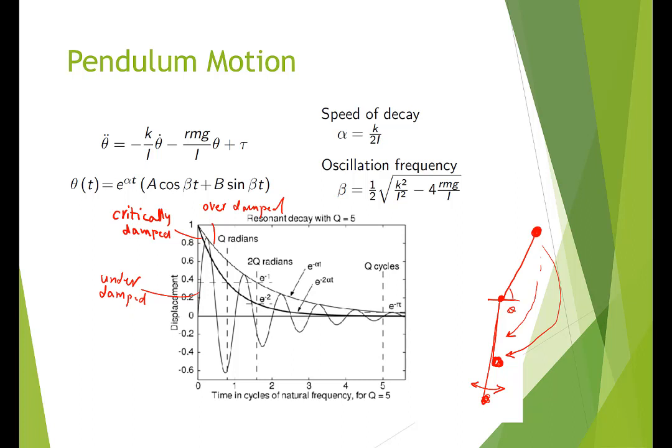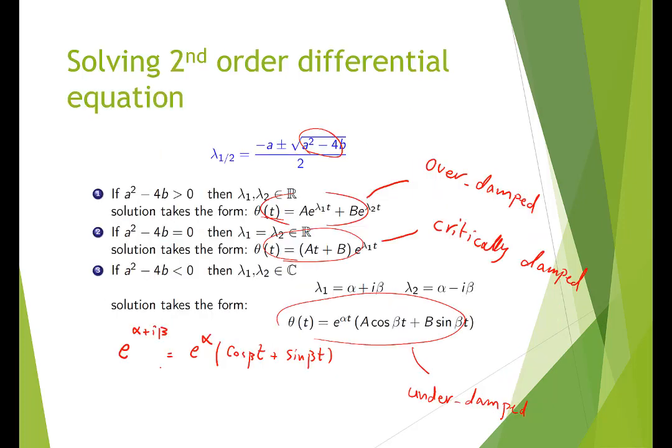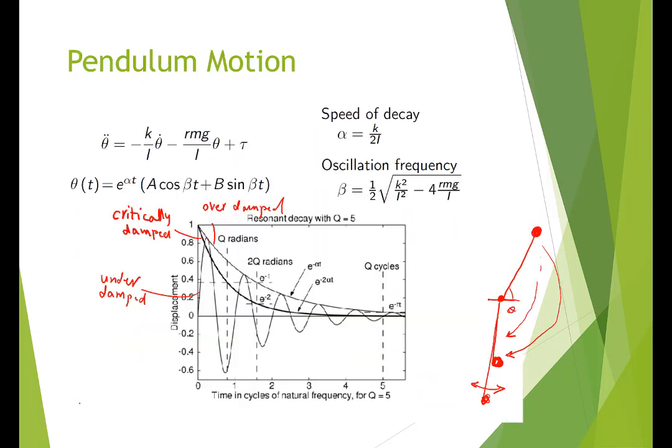So these are the three possible solutions. Oscillating, remember that we have sine and cosine terms for this scenario. Then it behaves like a sinusoidal signal, goes up and down. Critically damped goes really fast, overdamped slowly. So these are the three possible solutions for a second order differential equation like a pendulum.